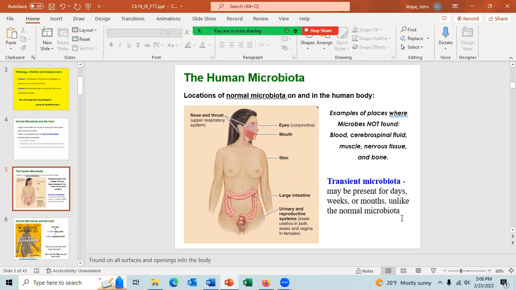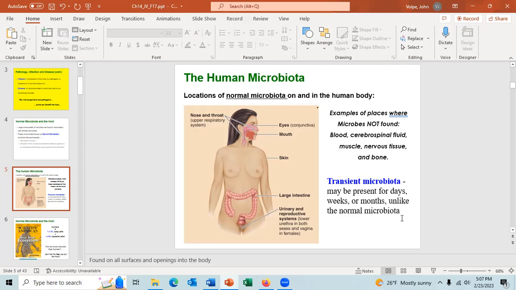And I'm fortunate that was transient, because if you don't know, Staphylococcus aureus is a human pathogen when it grows on our skin. It doesn't always cause problems, but frequently it does. And if you're a patient who frequently gets skin boils, you might have your skin tested to see if you are a person who has Staphylococcus aureus on your skin.